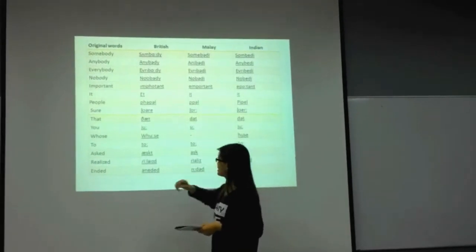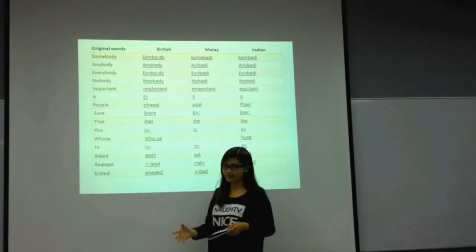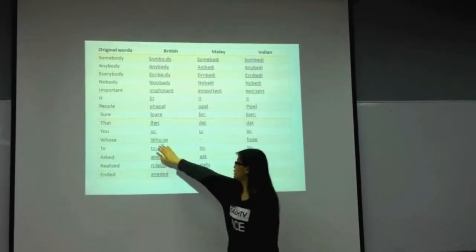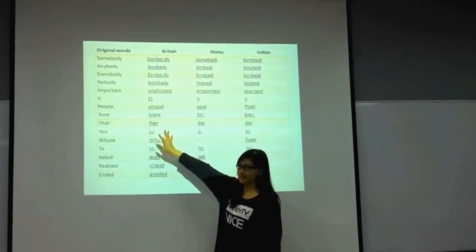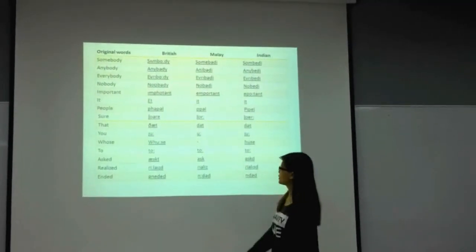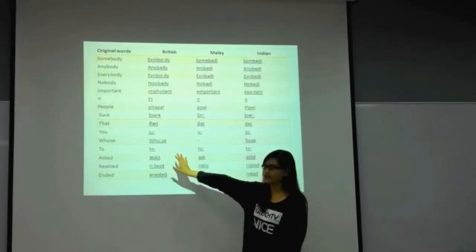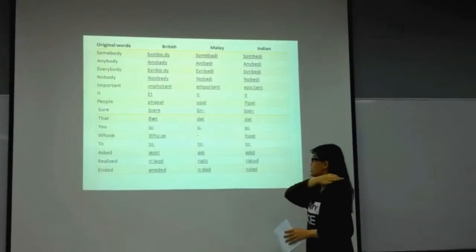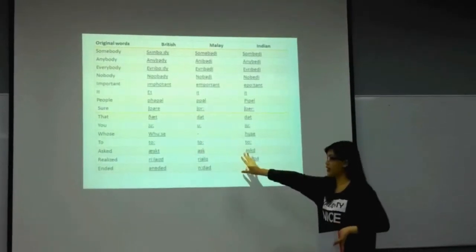And then the next one is "that". The British guy will pronounce it as "that", like "nobody will ask to do that". So he will stress on the word "that", THA, and also on the T itself. And for the Malay girl, she will pronounce it as "that", so no stress on that.